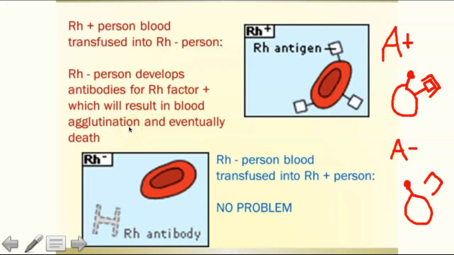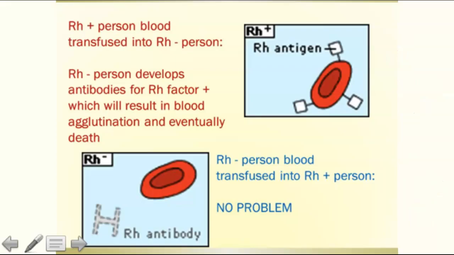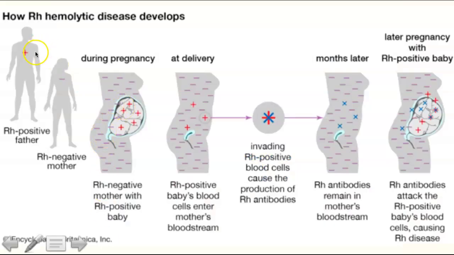Now, that doesn't really happen because, like I said, we test blood transfusions very carefully, and they hopefully wouldn't make the mistake of putting Rh positive blood into an Rh negative person. But this is when that problem sometimes arises. Imagine you have a mother who's Rh negative. So she does not have the Rh antigen on her red blood cells.